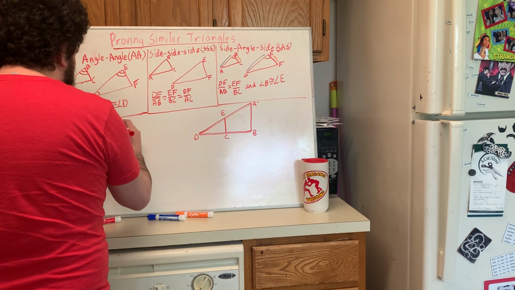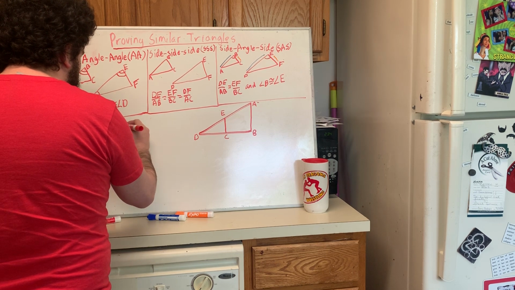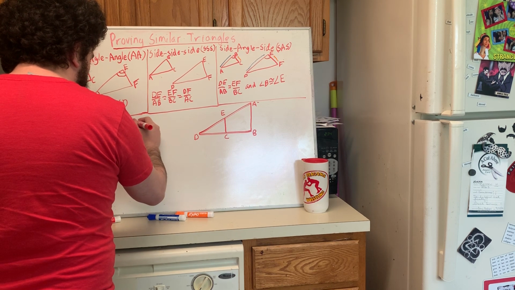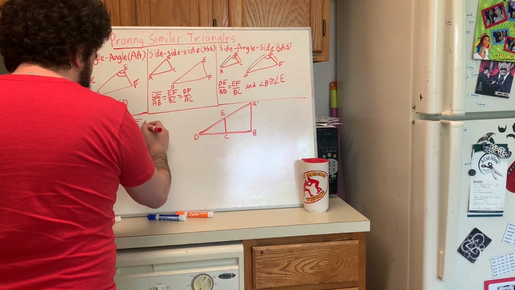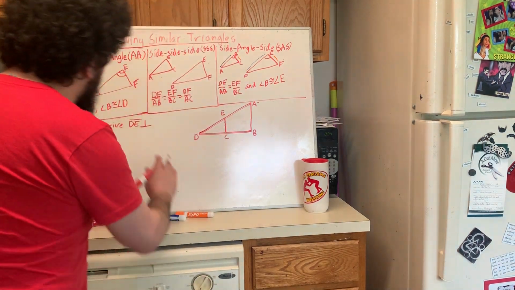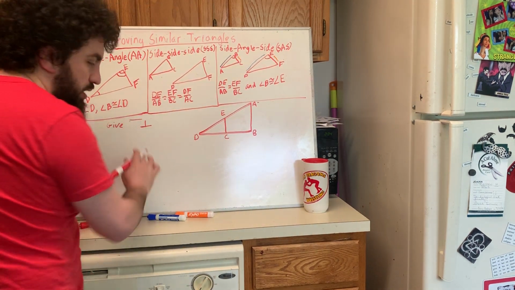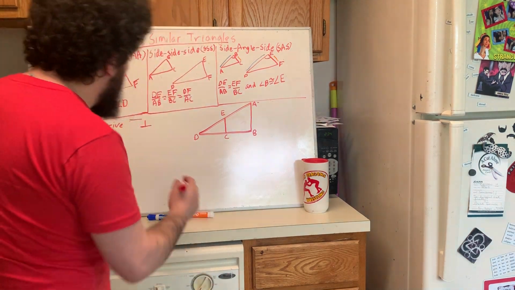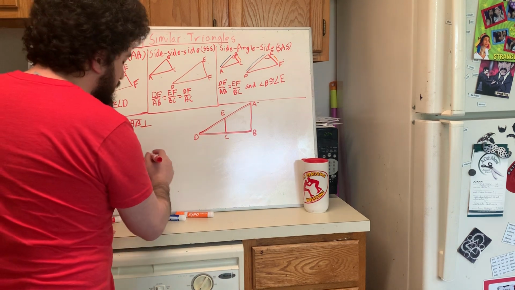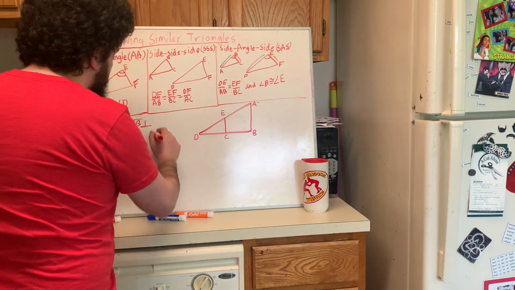So it says given that, let me do it in the order they gave them to us, AB is perpendicular to BD.